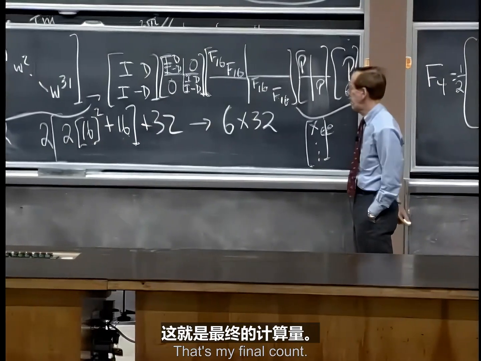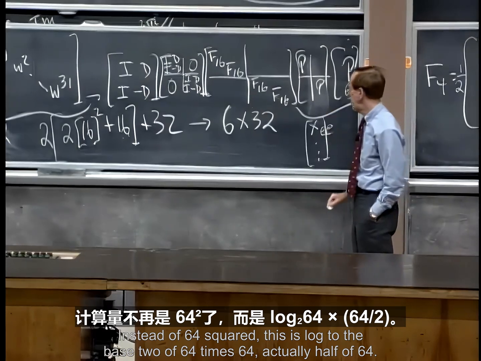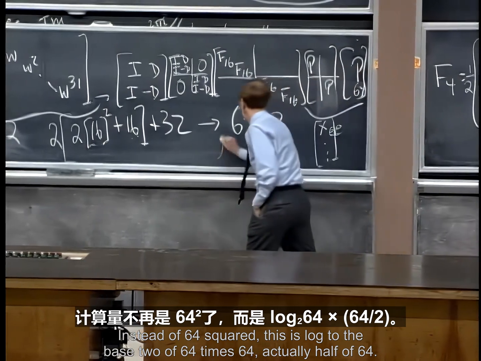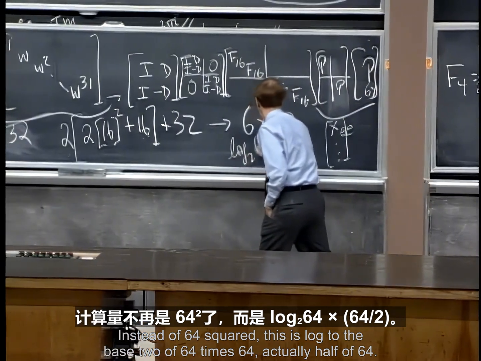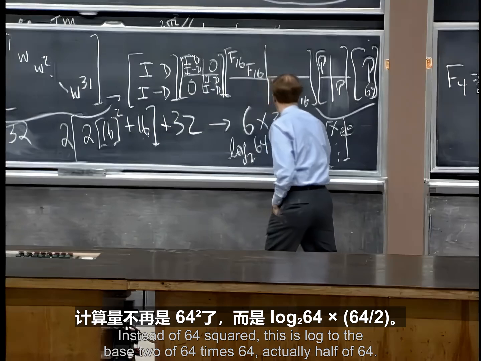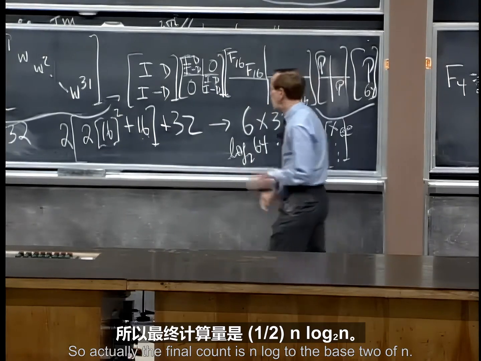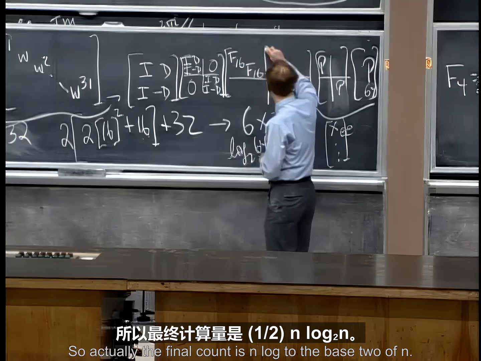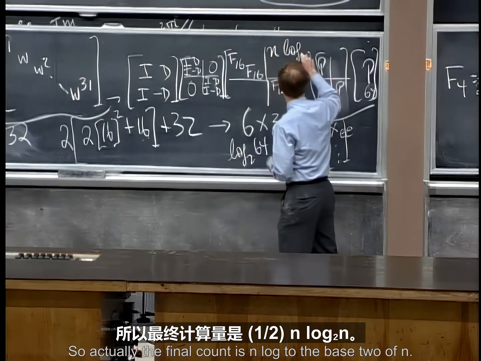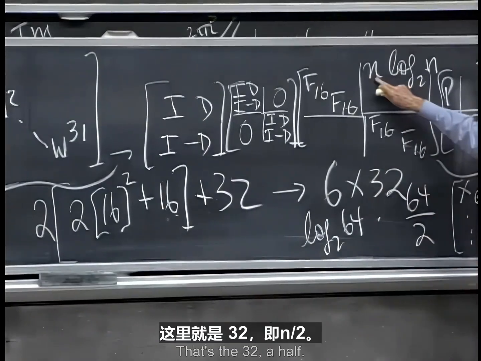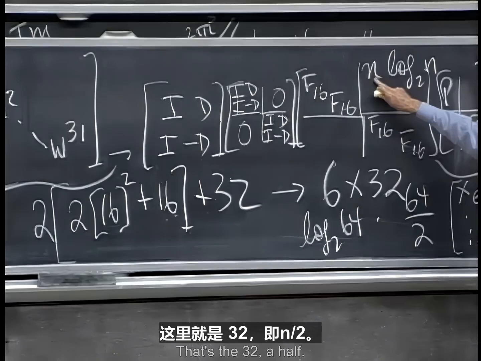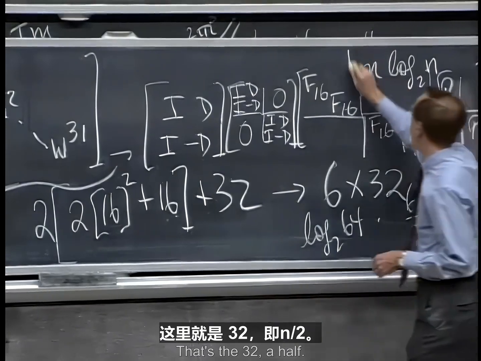That's my final count. Instead of 64 squared, this is log to the base 2 of 64 times 64. Actually, half of 64. So actually, the final count is n log to the base 2 of n. That's the 32, a half.